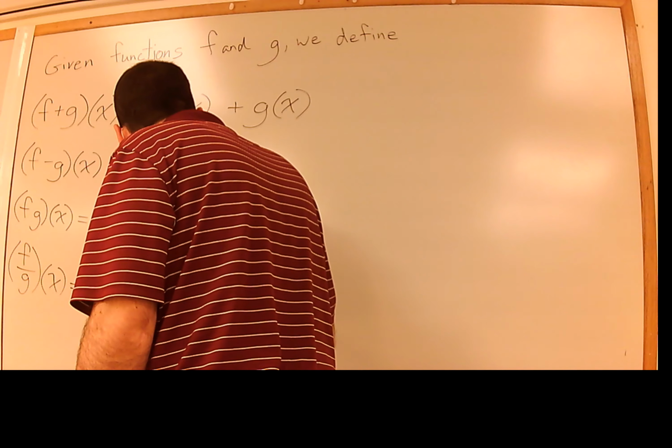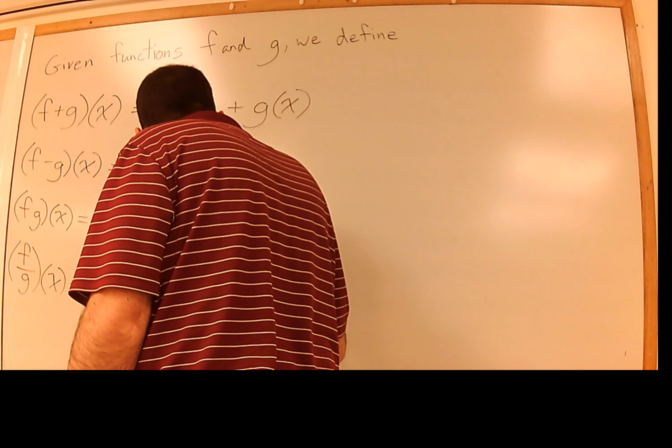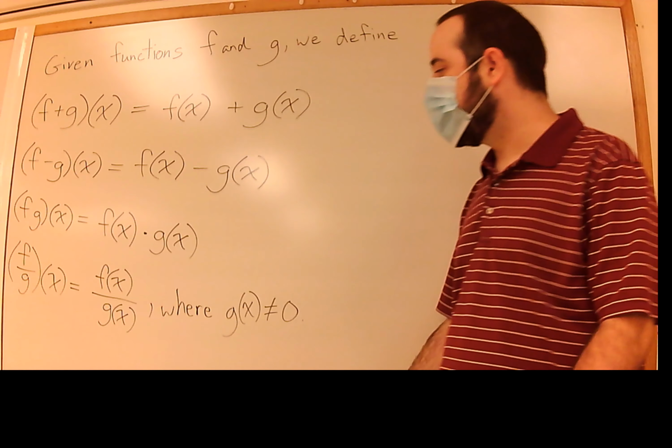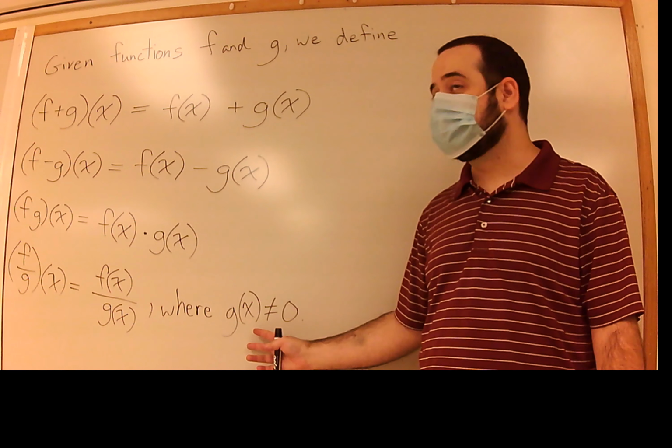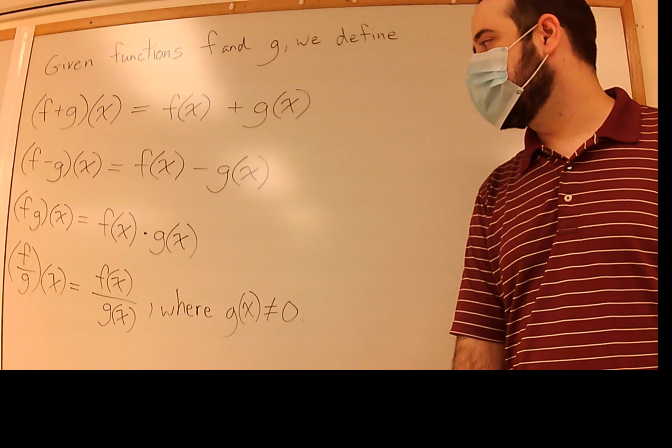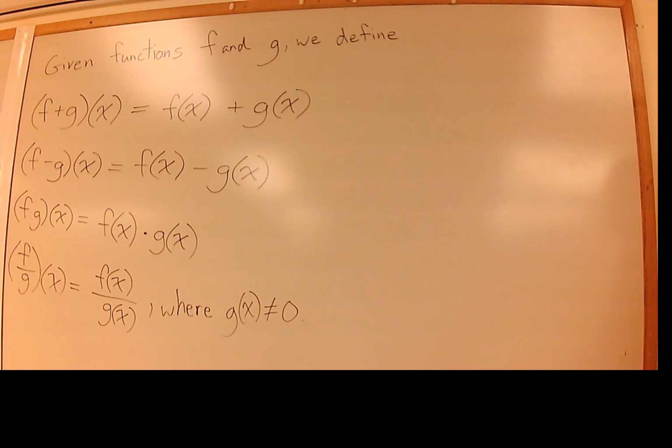We gotta make sure that g of x is not 0. If g of x happens to equal 0, then we can't get a new function that way. It'll be undefined. g of x equals 0.